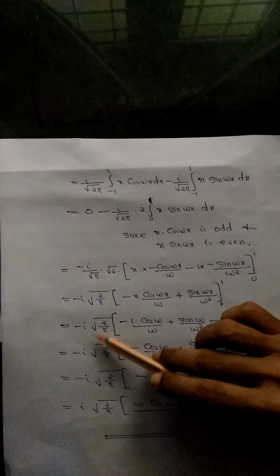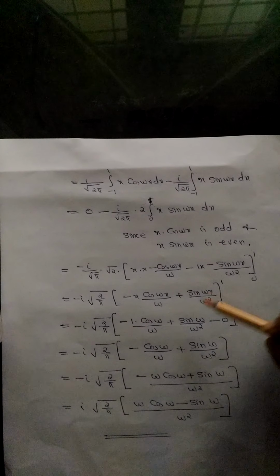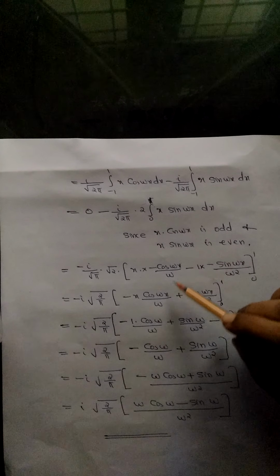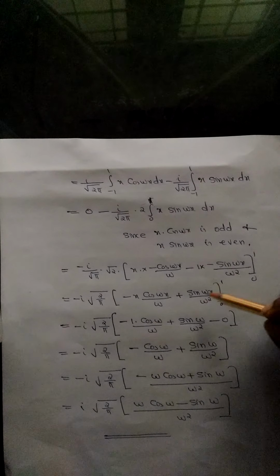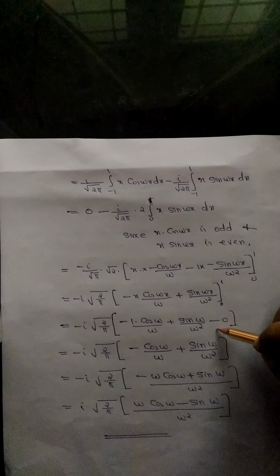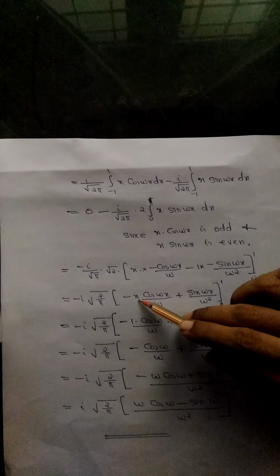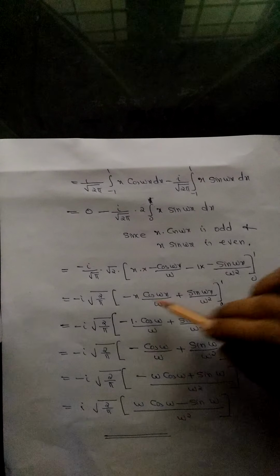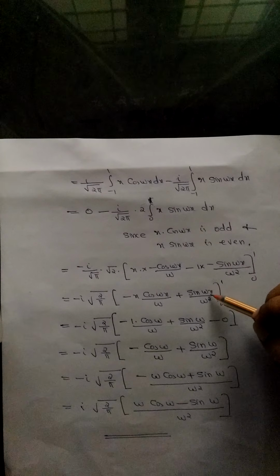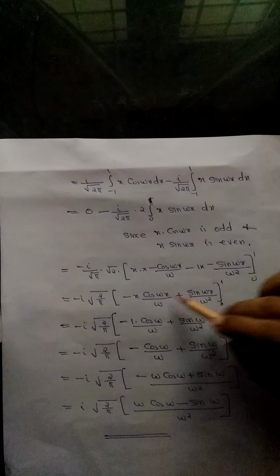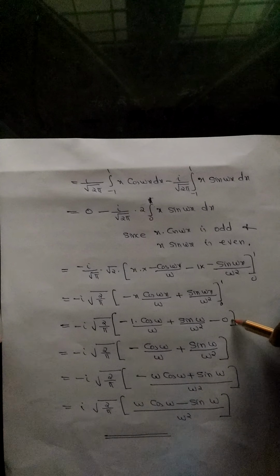So that is equal to minus i into root of 2 by pi, then into, first we apply the upper limit 1, so minus 1 into cos omega by omega plus sin omega by omega square, then minus apply the lower limit. The first term contains x, so we apply 0, the first term is 0, and sin 0 is 0, so applying the lower limit 0, the value is 0, so minus 0.